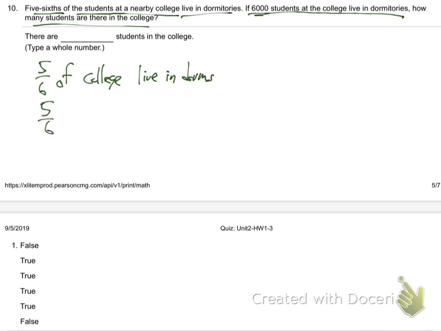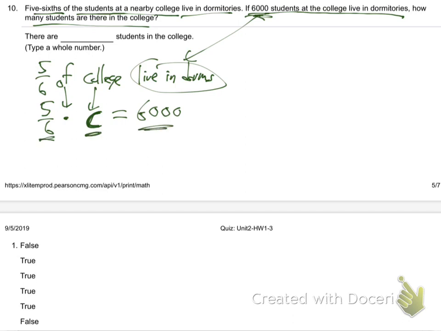So 5/6 of is always times. College, let's call that C. So we're trying to figure out how many people at the college. Equals, how many live in the dorms? 6,000. See, that's what it's saying. 5/6 of the college equals the number who live in the dorms, 6,000.